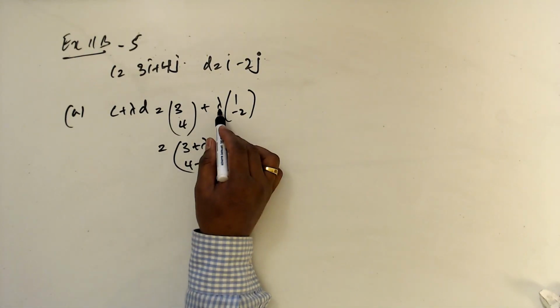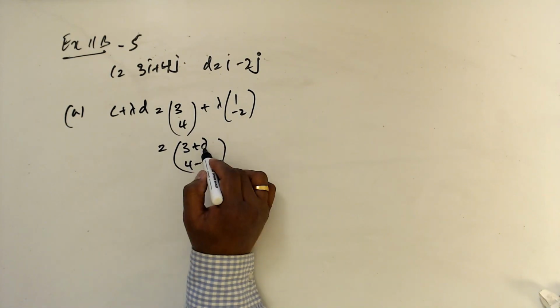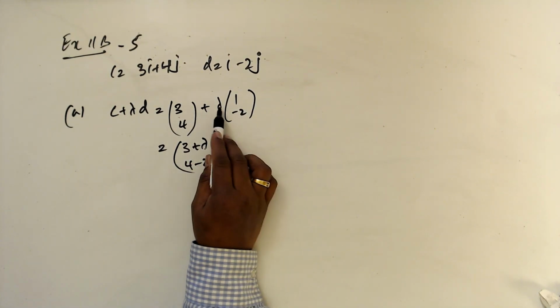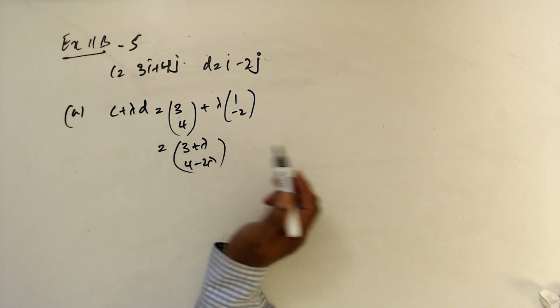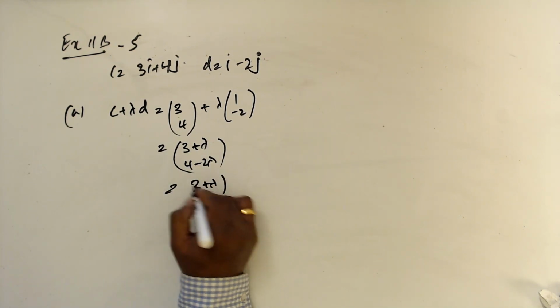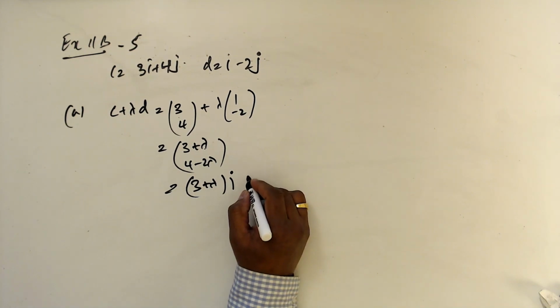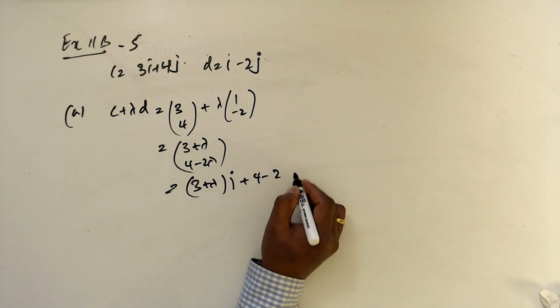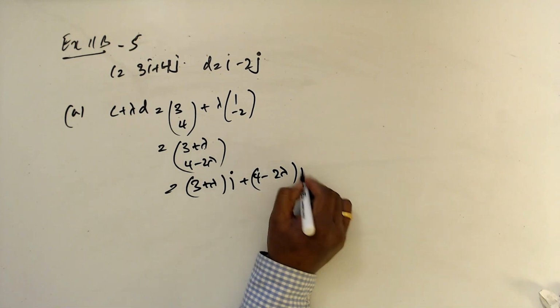That is 3 plus lambda times 1, so 3 plus lambda, and 4 minus 2 lambda. In other way, I will write 3 plus lambda i plus 4 minus 2 lambda j.